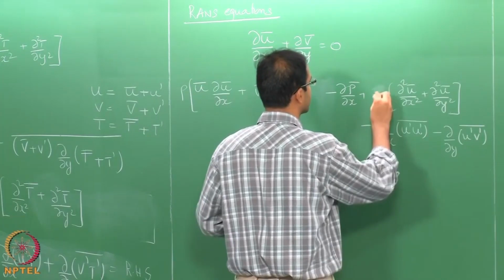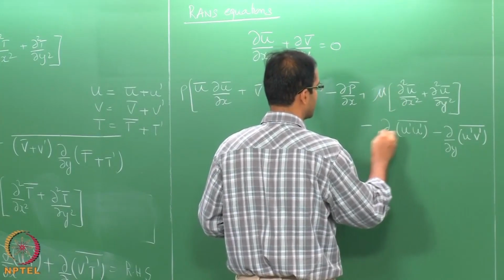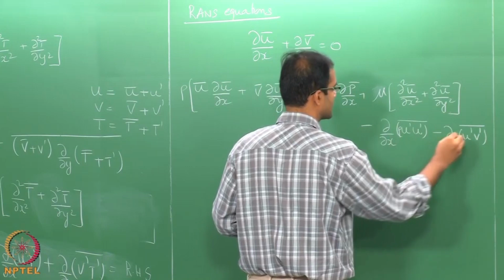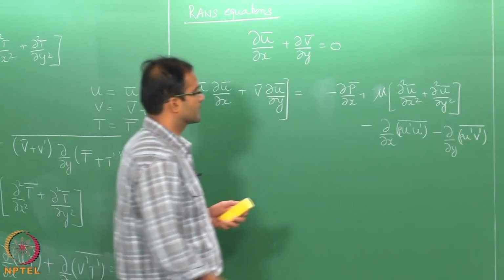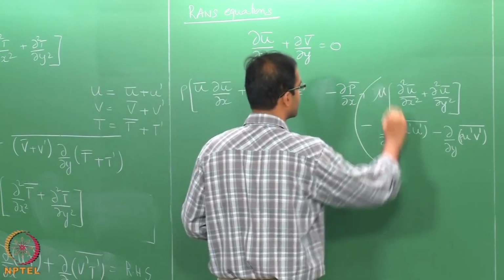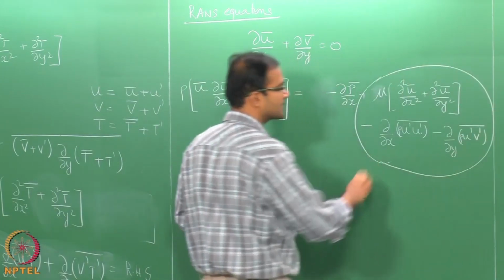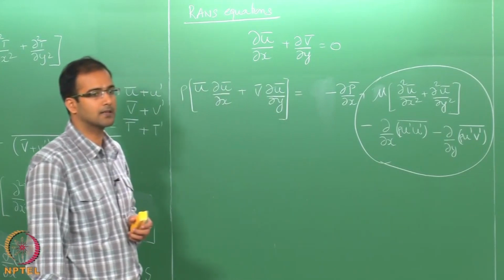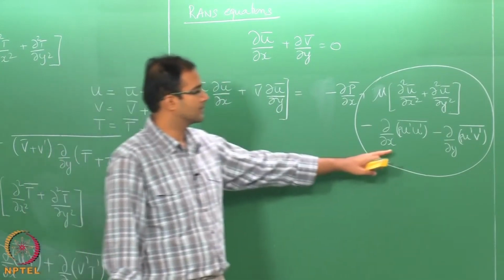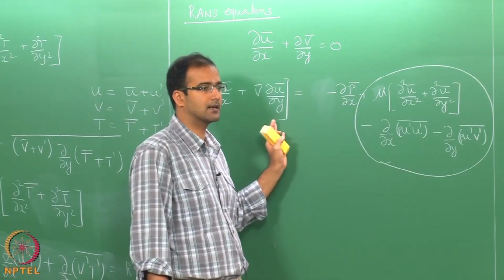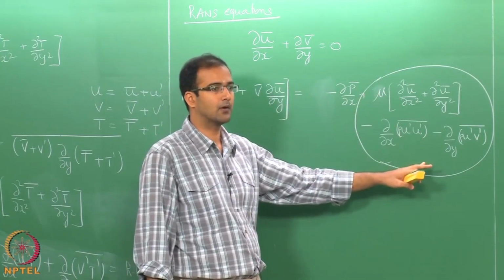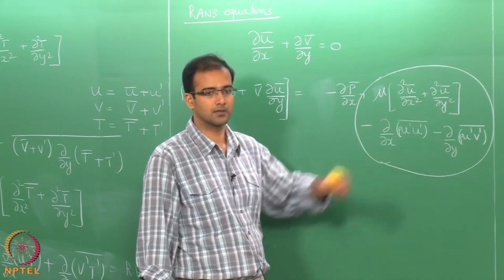So, this is dynamic viscosity, and therefore I can take rho inside because this is incompressible, it does not matter. This term is the diffusion term, viscous diffusion, and now the turbulent diffusion. Although the turbulent diffusion arises from the inertial term, I have taken it to the right. Now I am going to combine it with the viscous diffusion here.